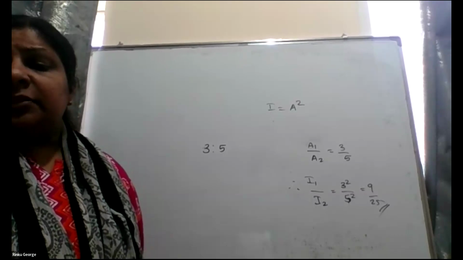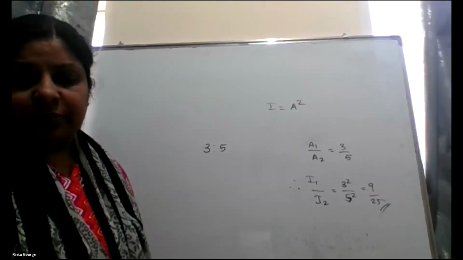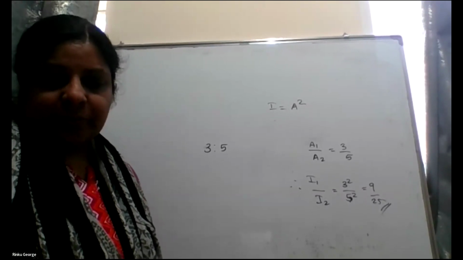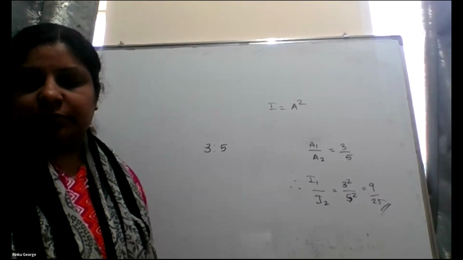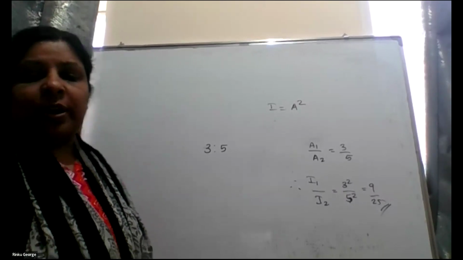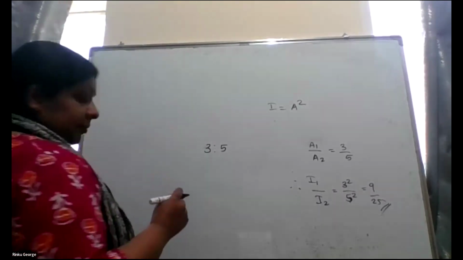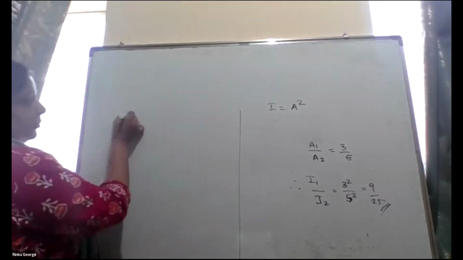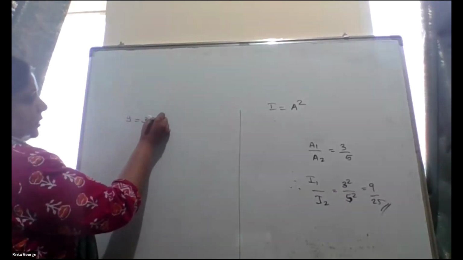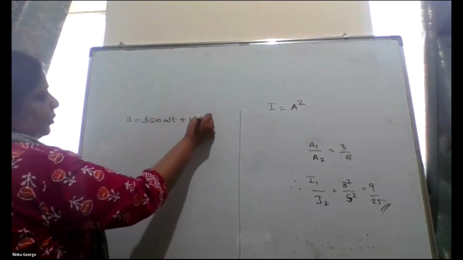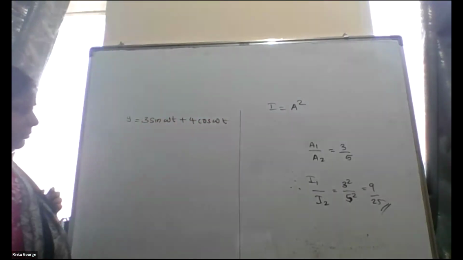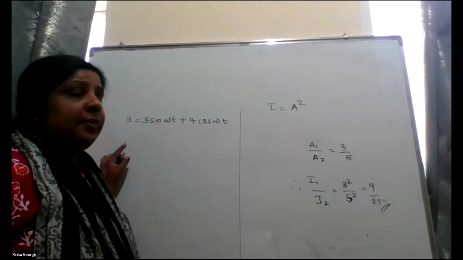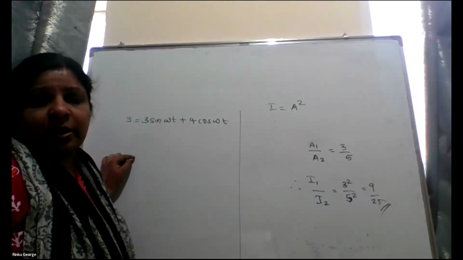Write the next question. The displacement of a wave is given by 3 sine omega t plus 4 cos omega t.